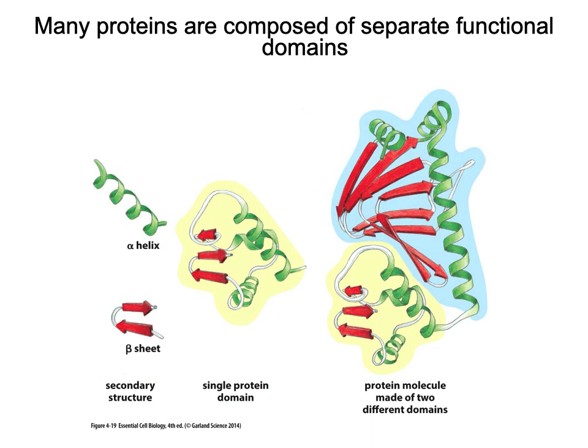So many proteins are composed of separate functional domains or regions. So in this figure, we see the secondary structure where we have the alpha helix and the beta sheets. Those are going to come together to form a single protein domain.